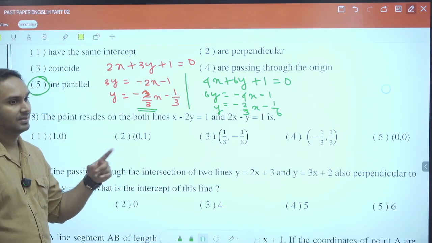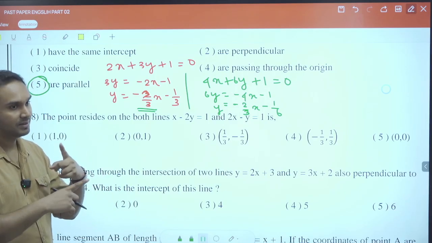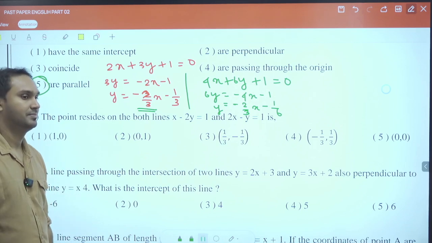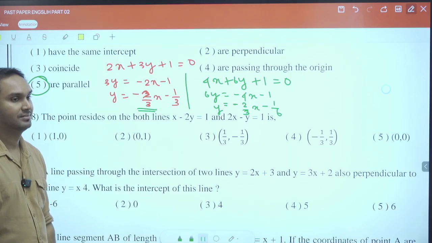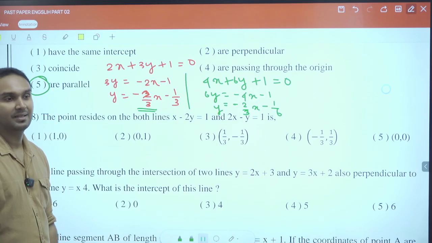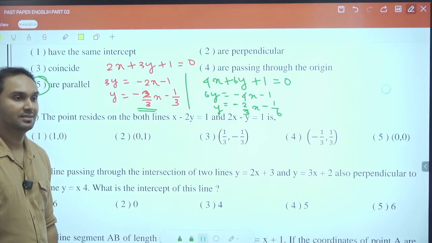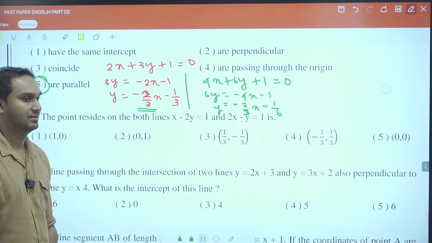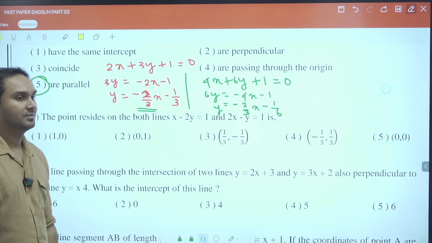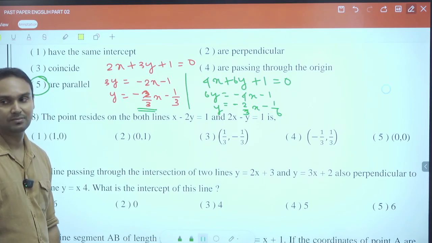The first thing is, when it resides on both, it's the point where they cross. How do you find it? There is one basic theory, a direct theory. If two lines are crossing each other, there is a theory to find the point which intersects.